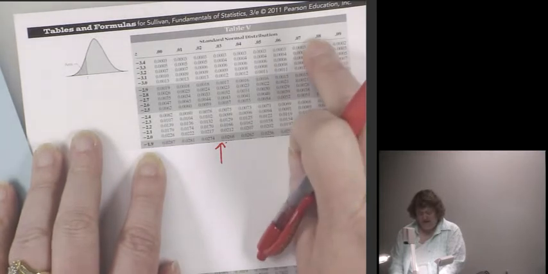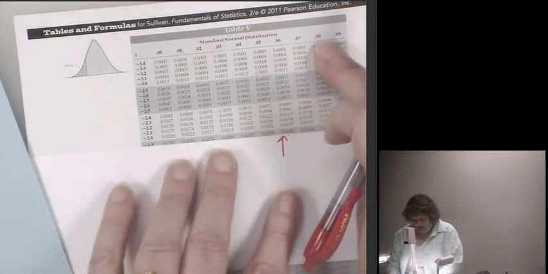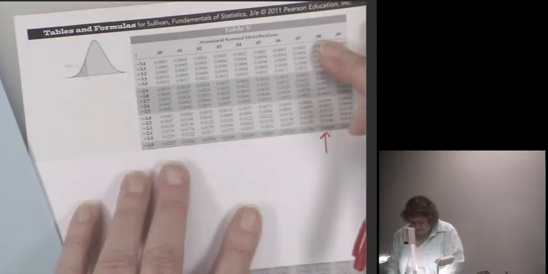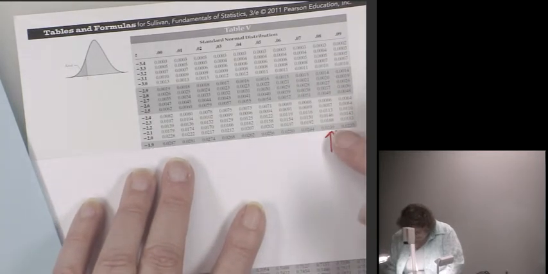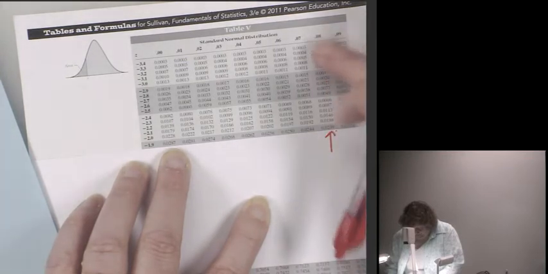And again, I'm just using the 8 column here. Negative 1.8.